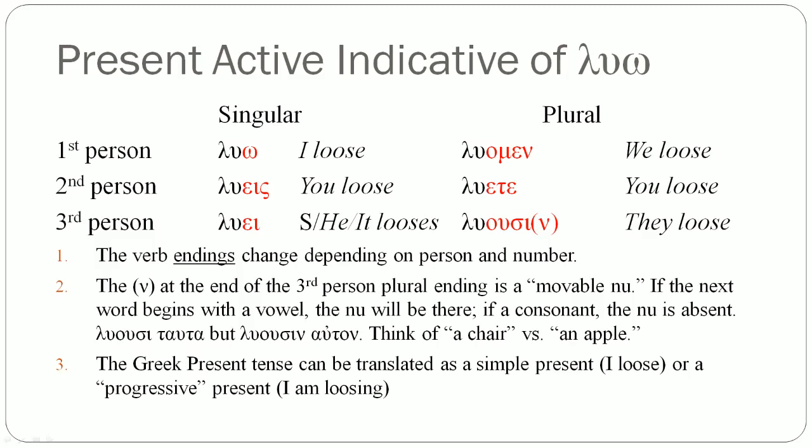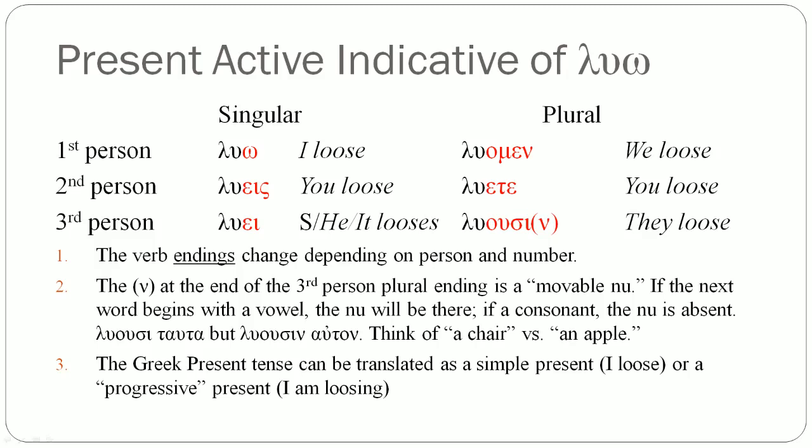This is something called a movable nu, and it appears in the third person plural form of the present active indicative. It will appear in other places as well as we start expanding into other verb charts, other tenses, voices, etc. You'll be seeing this in other forms and other words.